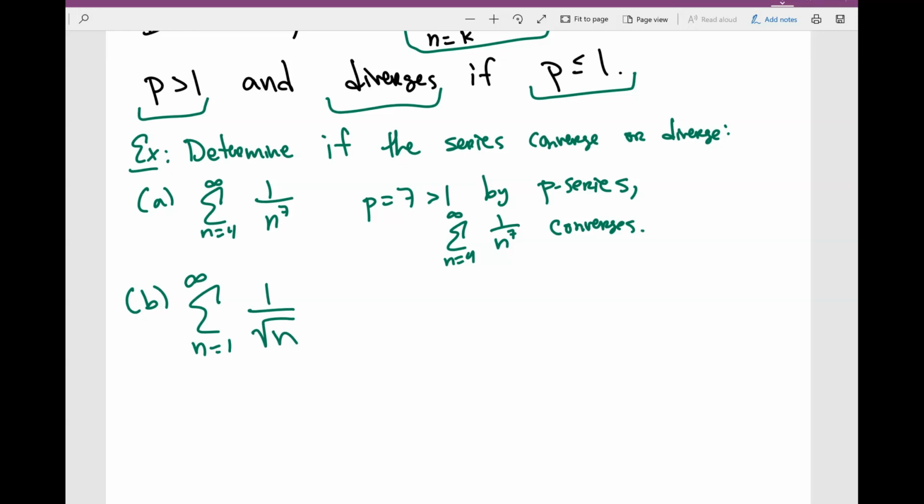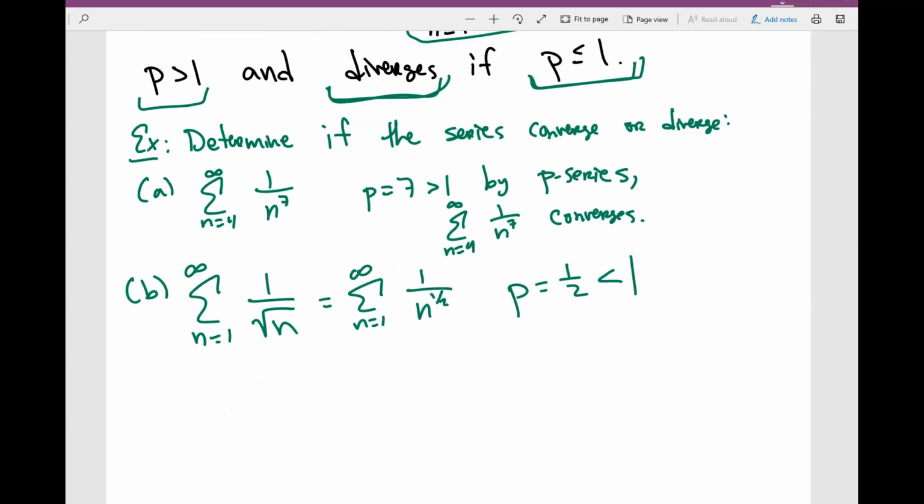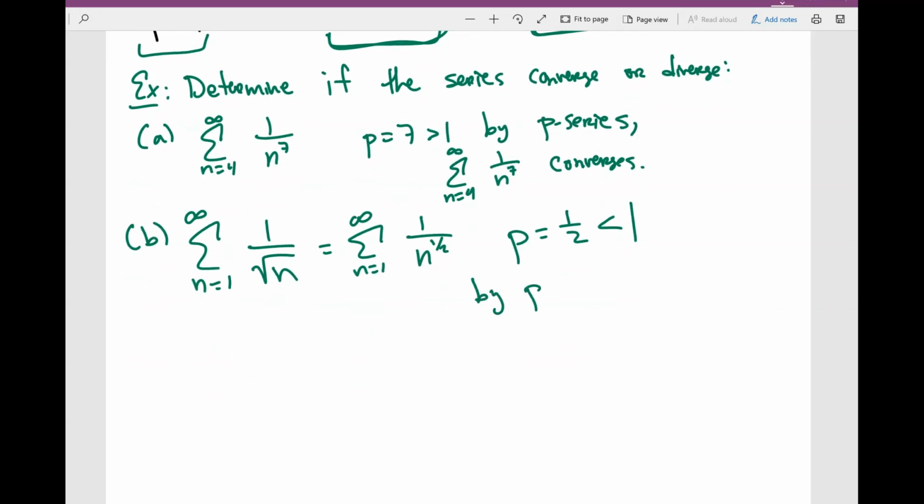Here we can write it as the sum from n goes from 1 to infinity of 1 over n to the 1/2. p in this case is equal to 1/2, which is less than 1. When p is less than 1, what is it going to do? Diverge. So by p-series, the sum from n goes from 1 to infinity of 1 over square root of n diverges. That's all there is to it.